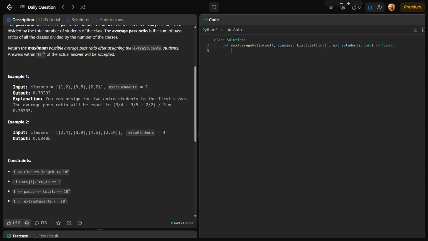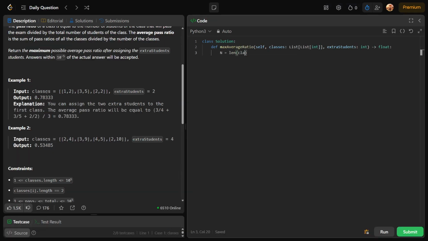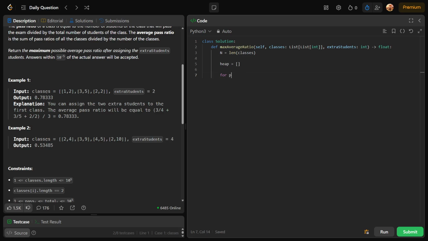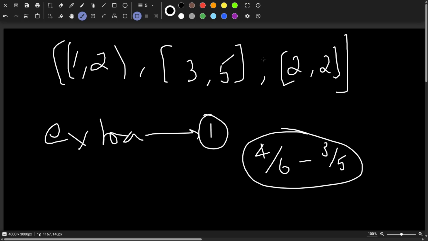Okay. So for pass, total in classes, we heapq.heappush, and then we pass in this minus this.